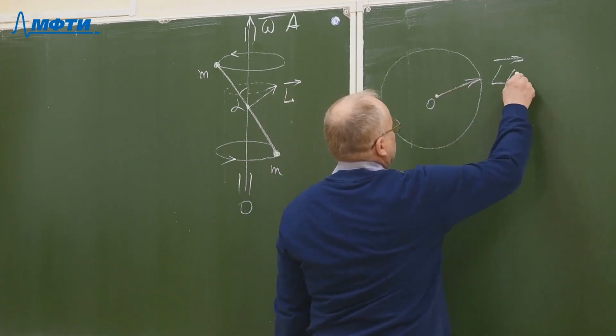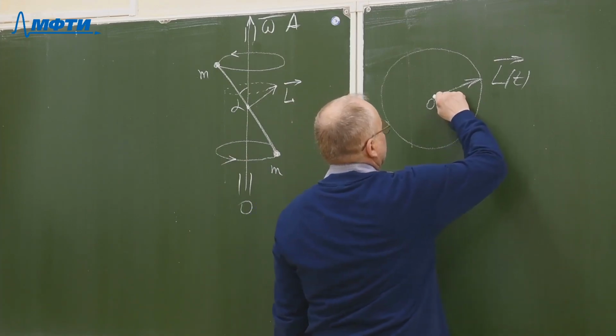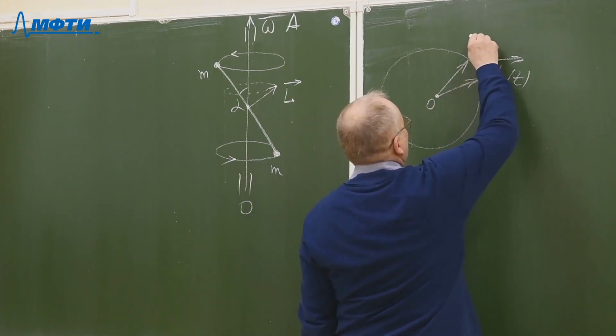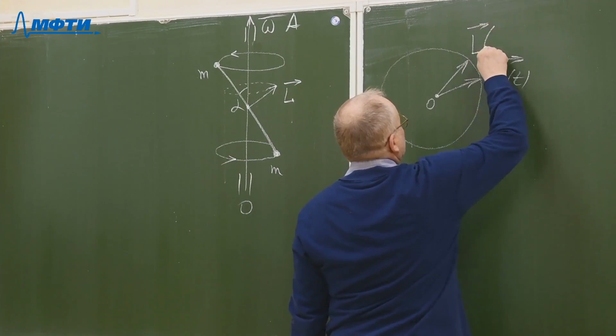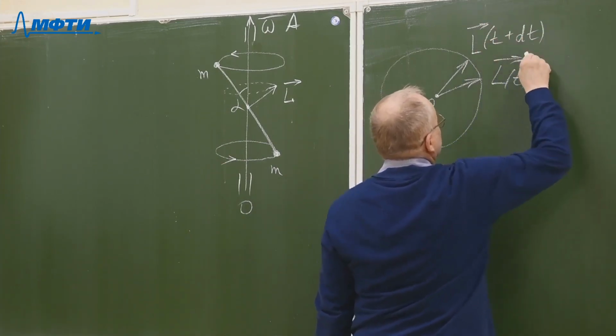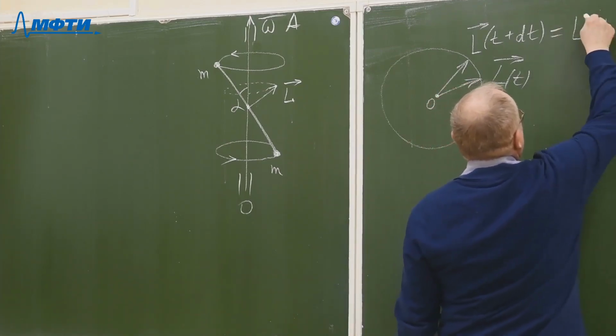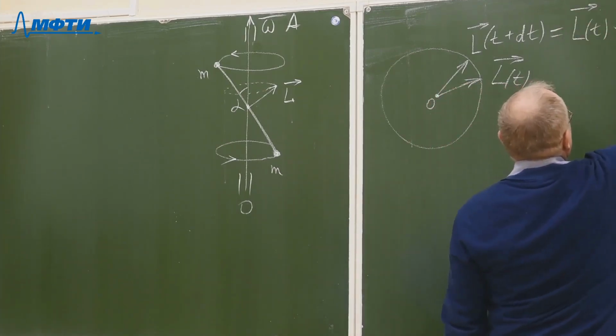And if at this moment of time we had such vector L, then at some next moment of time, vector L will be L of t plus dt, which is L of t plus dL.